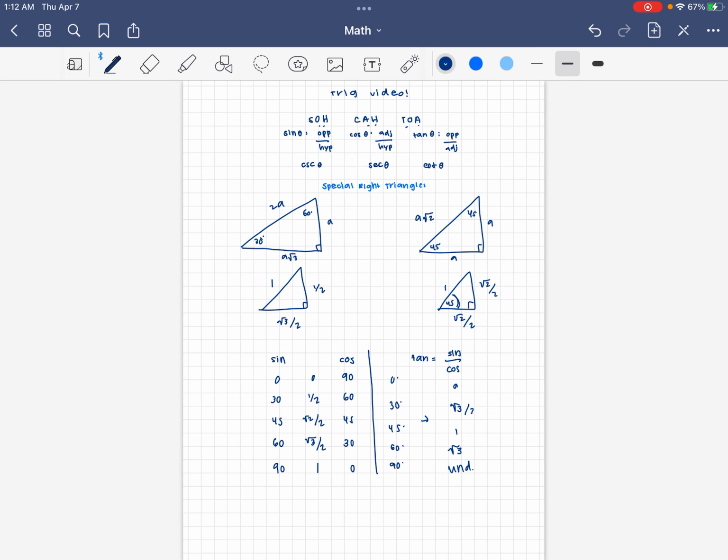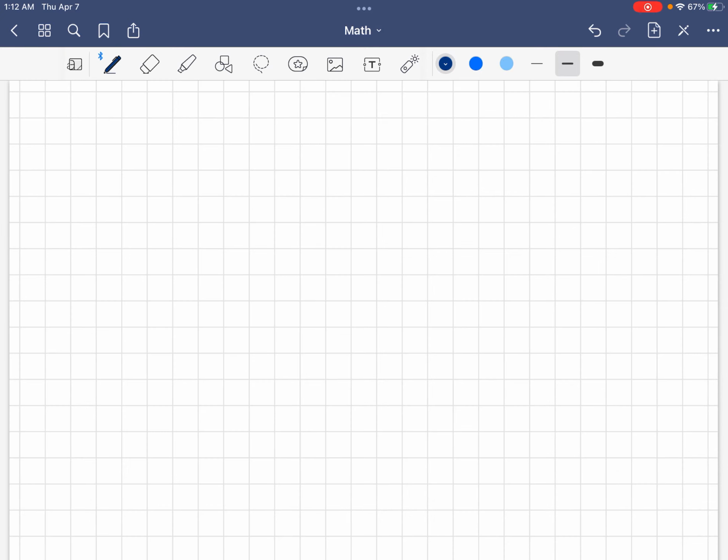So now, let's say the directions said find the value of each trigonometric ratio.